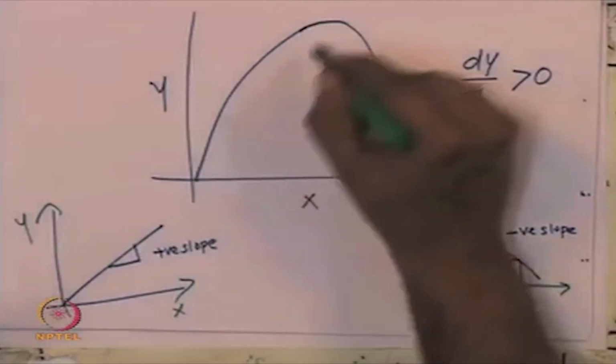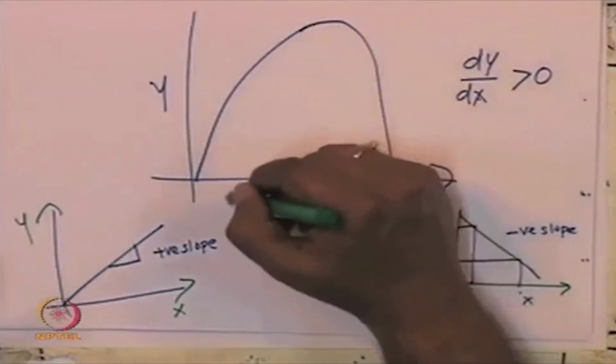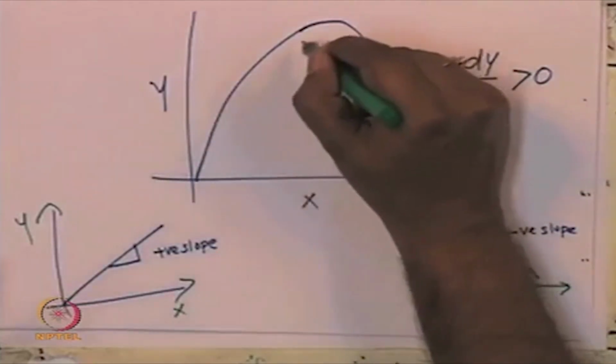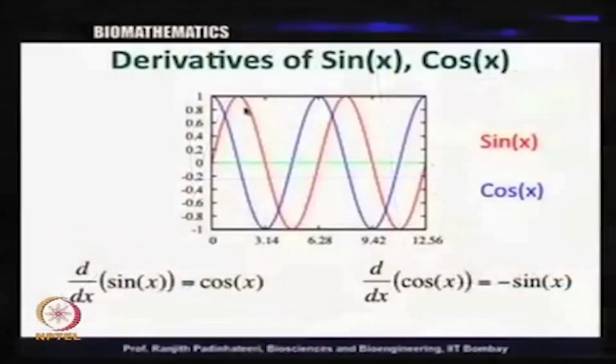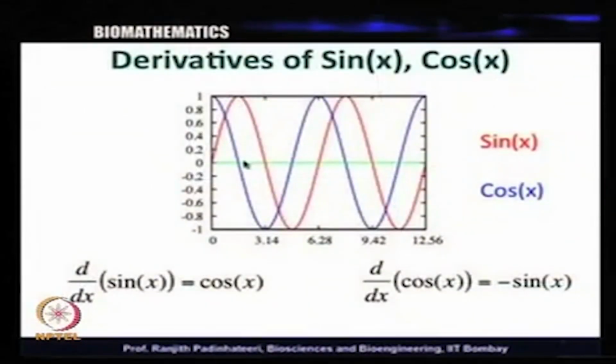Now, if you look at this part of the sin x curve, as x increases, y also increases, so the slope is positive. For the red curve, before this particular value of pi by 2, the slope is positive. That means the cos x value, which is the slope or the derivative, is positive.